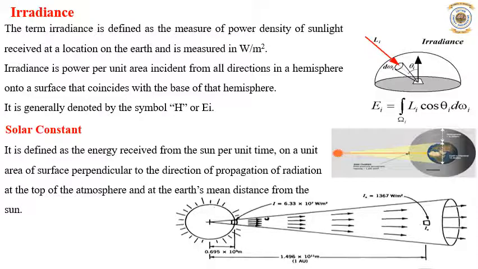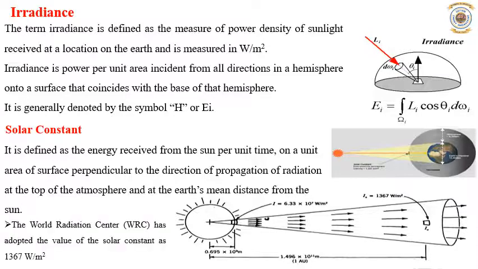This variation is not important for most practical purposes, but according to the National Aeronautics and Space Administration (NASA) standard, the value for the solar constant is expressed in three common units as follows.